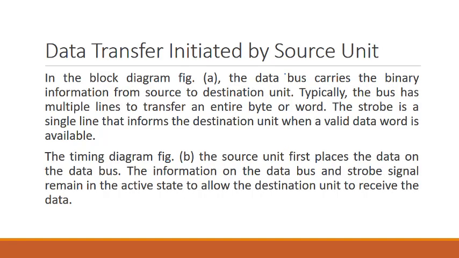In the block diagram, the data bus carries binary information from source to destination. Typically the bus has multiple lines to transfer an entire byte or word. A strobe is a signal line that informs the destination unit that valid data is available.